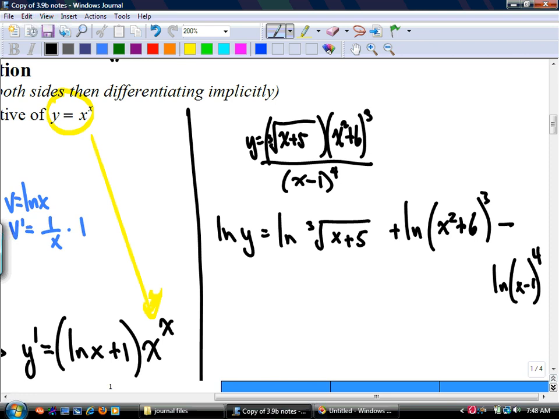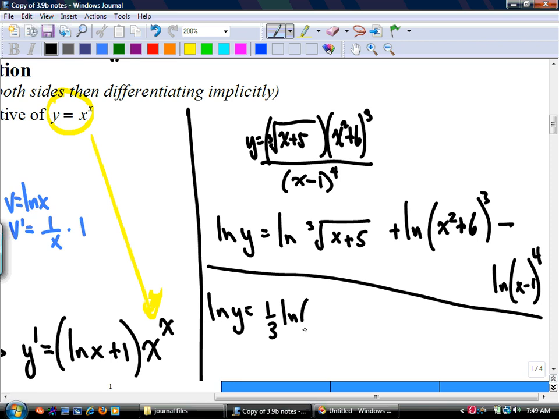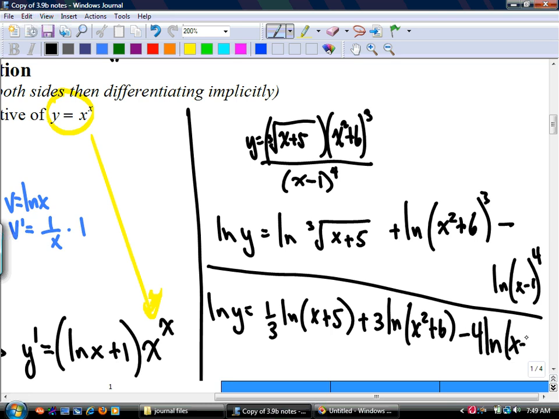Yeah? Then you can use the power rules for logarithms. 1/3 ln x plus 5 plus 3 ln x squared plus 6 minus 4 ln x minus 1.